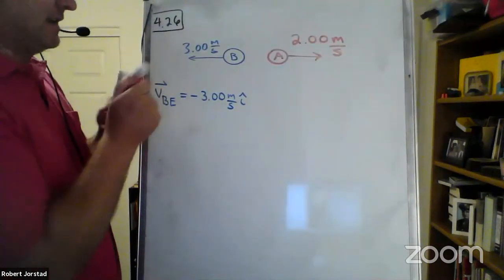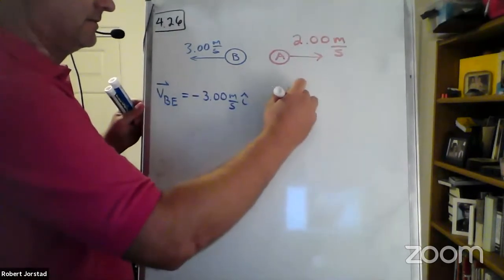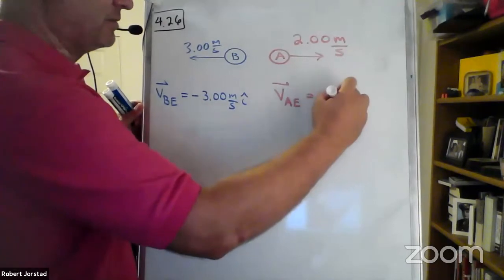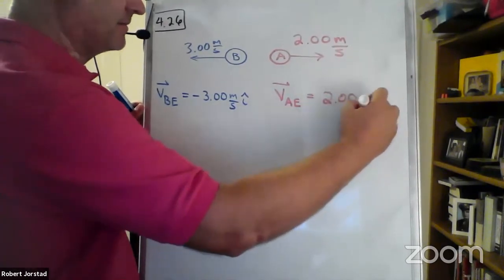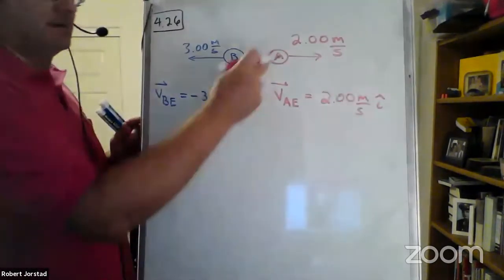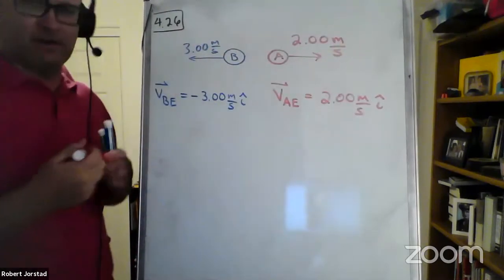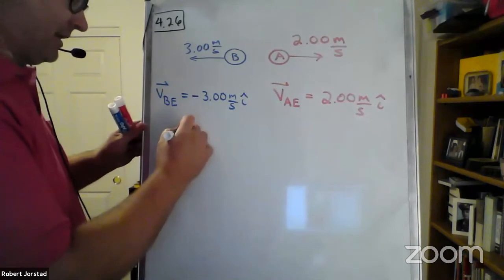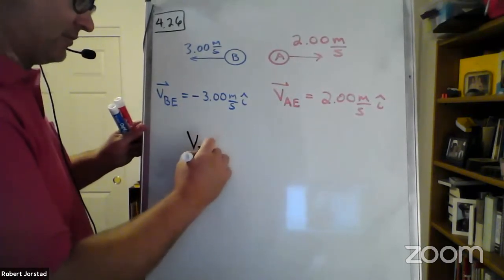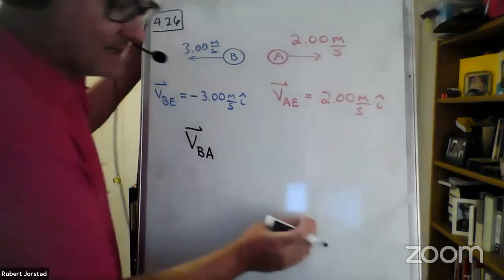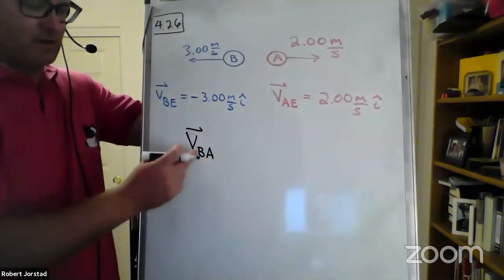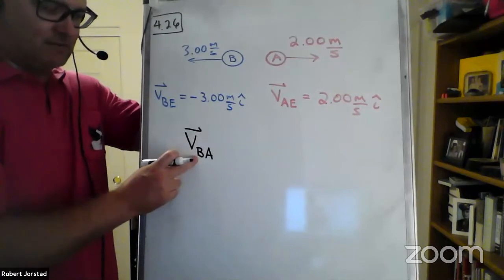The velocity of A relative to the Earth is positive 2.00 meters per second i hat. So this is going in the positive i hat, that's going in the negative i hat. Now if I try to use my theorem here, velocity of B relative to A, I think that's what we were asked for. Determine the velocity of B relative to A. So it's always first object relative to second object.